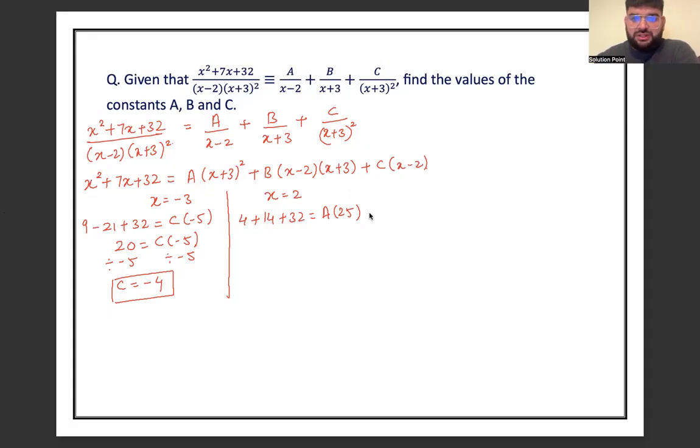So there is no other term here. So 4 plus 14 plus 32 is 50, equals A times 25. To work out the value of A, I need to divide both sides by 25. 50 divided by 25 is 2, so the value of A is 2.